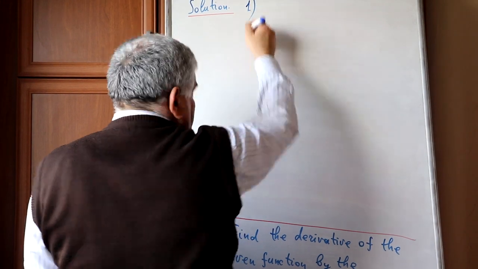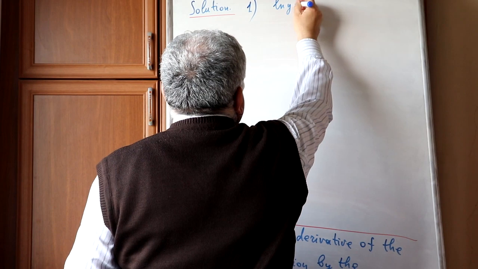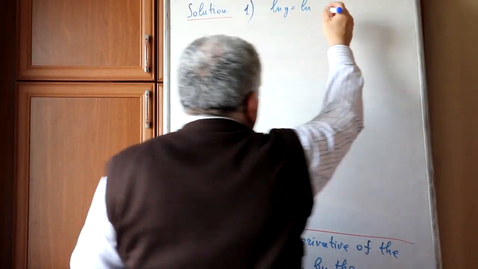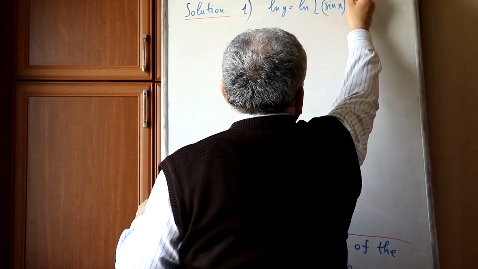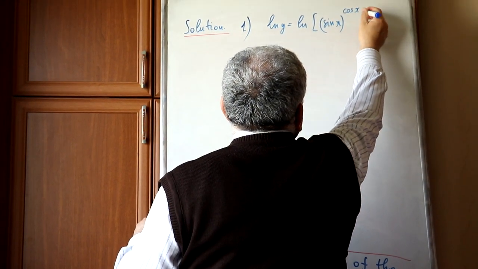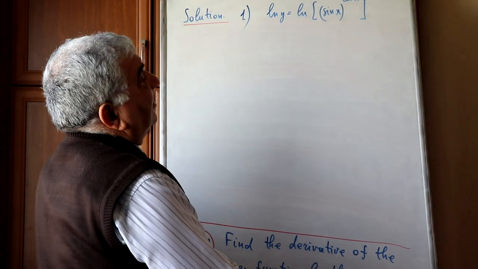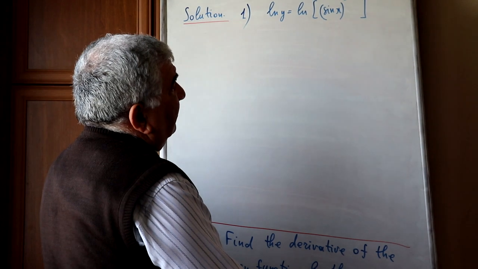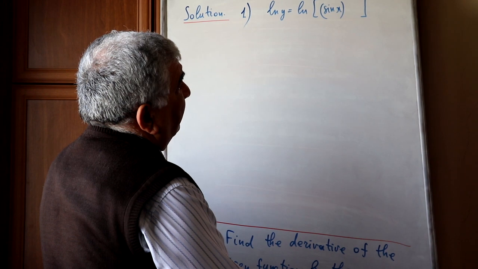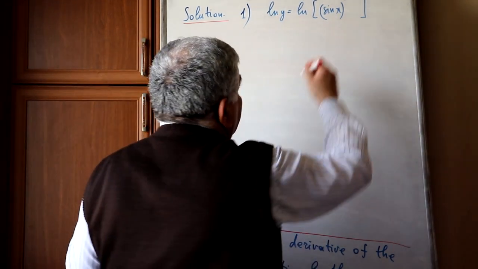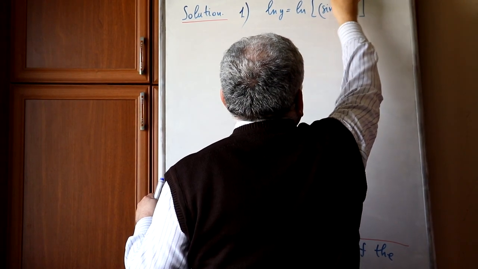First step, natural logarithm of y is equal to natural logarithm of sine x raised to cosine x. According to one of the properties of logarithm, we can transfer cosine x to the front of the natural logarithm.